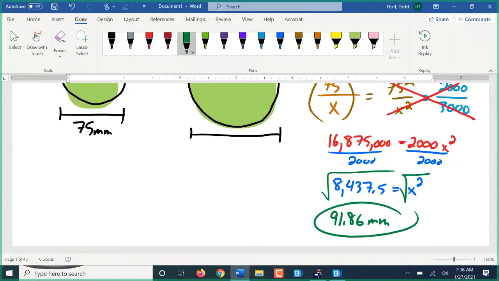So we need a diameter of 91.86, probably call it 92 millimeters. Take that flow from 2,000 liters up to 3,000 liters. So again, that is a case where it looks like it's a volume because we're talking about volumes with the liters, but all we are changing is the area, so it's a ratio of areas.